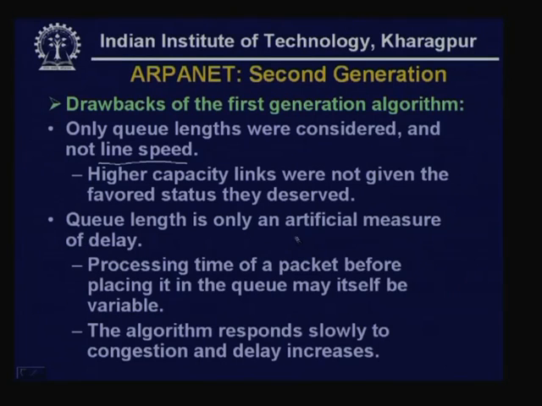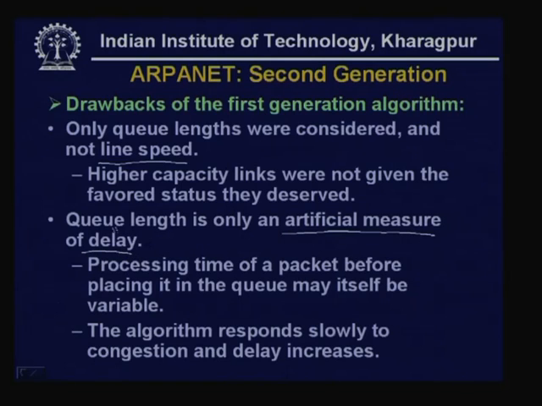However, when the second generation network algorithm was considered, by that time the links had been upgraded from low rate to high rate, and as a consequence it was necessary to take into consideration the line speed.